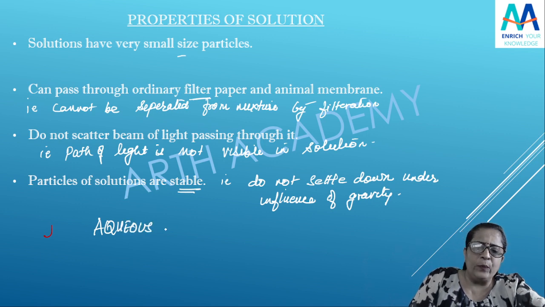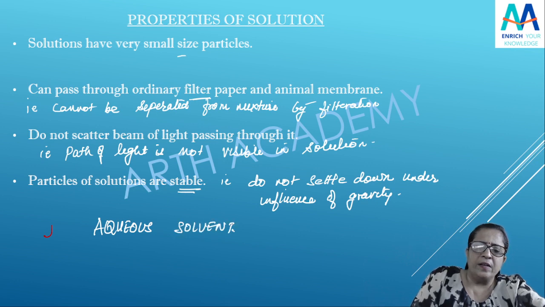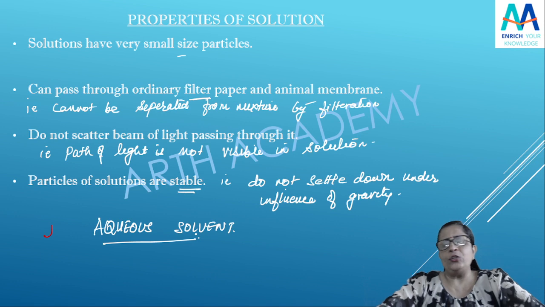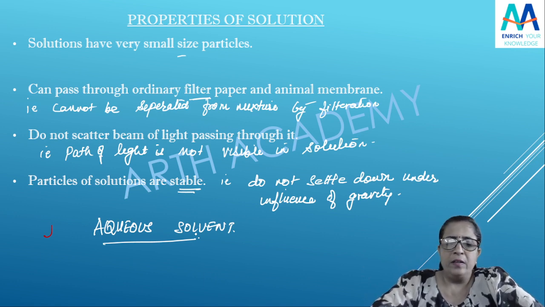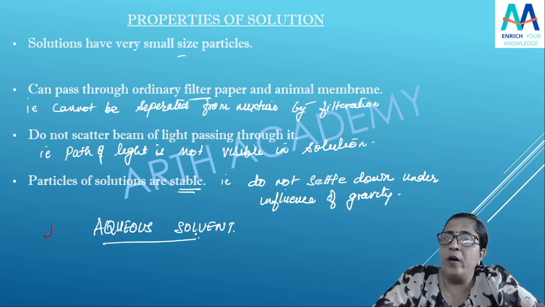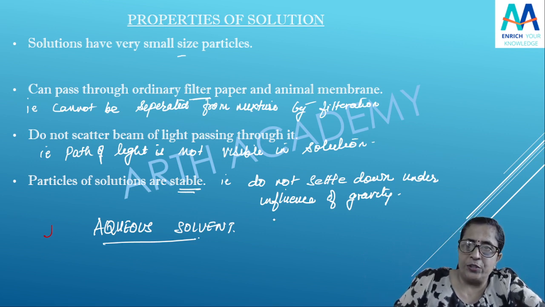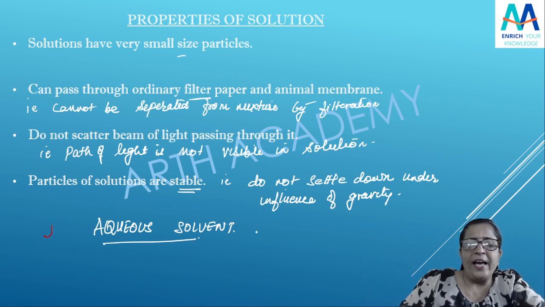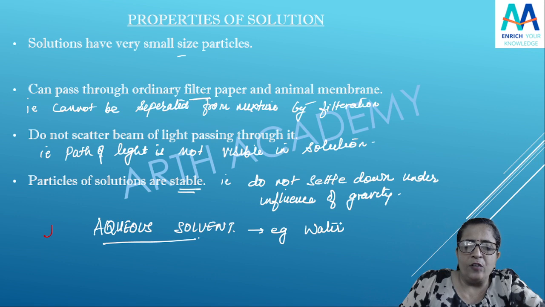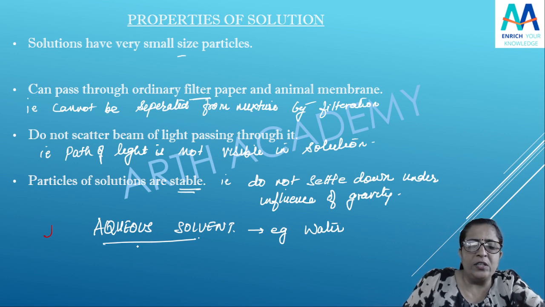what is an aqueous solution, or what do we call an aqueous solvent? If the solution is made by dissolving solutes in water, then it is called an aqueous solution, or water will be the aqueous solvent. Example here is water. We call water an aqueous solvent. Why do we call it aqueous? What is the aqueous solution?